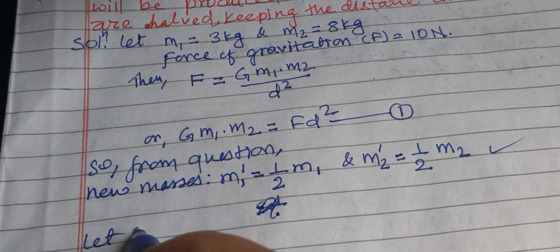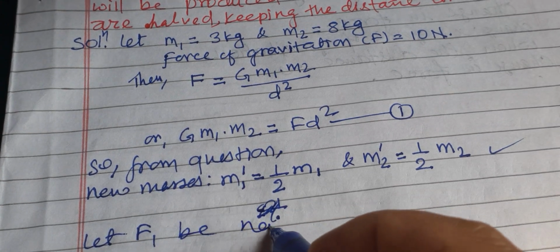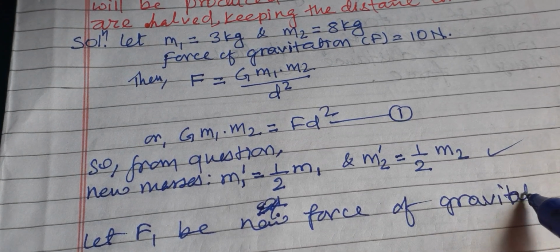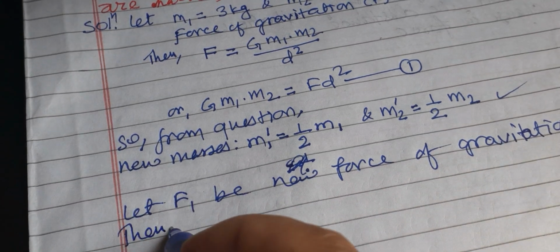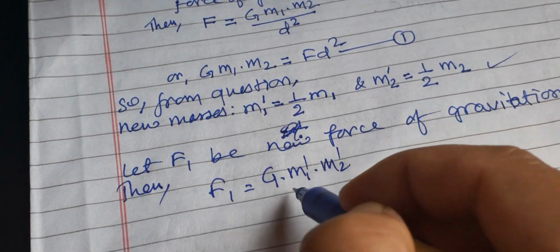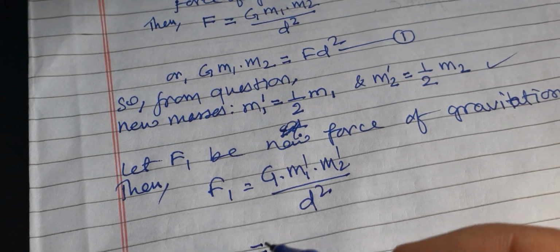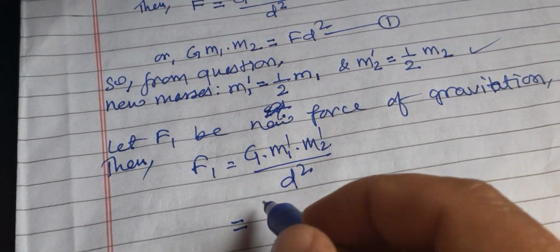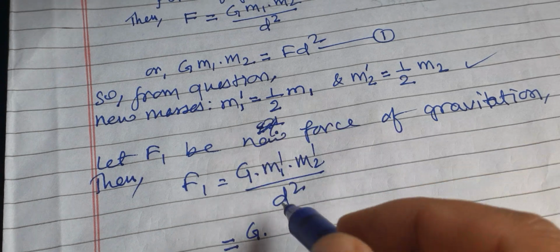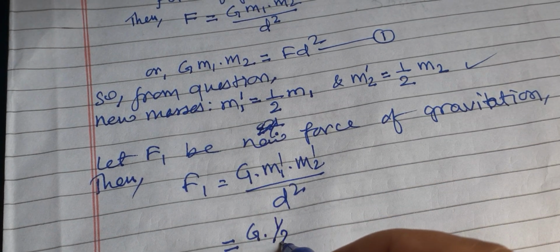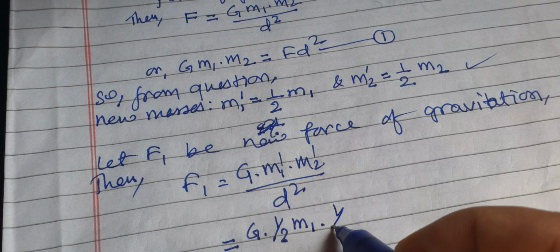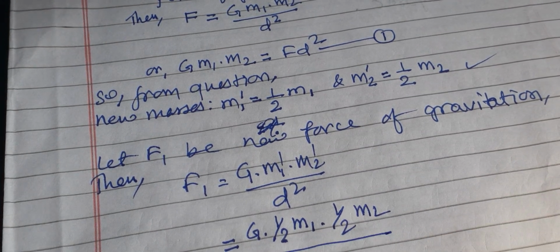Let F1 be the new force of gravitation, then F1 equal to G times m1 prime times m2 prime whole divided by d square, and this equals G. Look at here, m1 prime is half of m1, so we write half of m1, and m2 prime is half of m2, whole divided by d square.